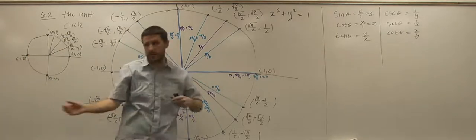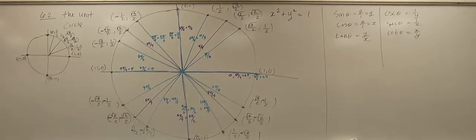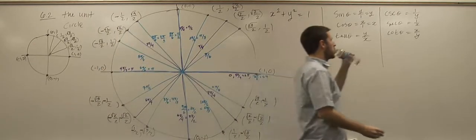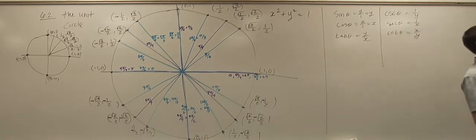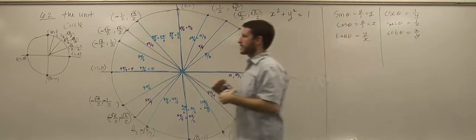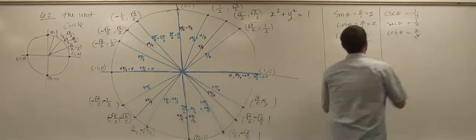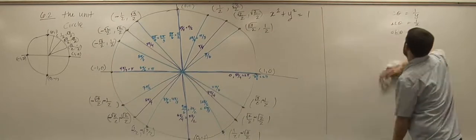But now let's actually try to use this, so you understand exactly how it works. Use the unit circle to find the exact value of each expression. So I want you to tell me what the sine of pi over 4 is. Should be easy.